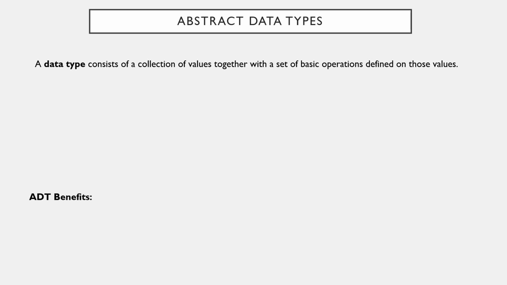All right, an abstract data type. So this is what I was saying. An abstract data type is what you want to use C++ to create your classes as. It's a collection of values. So you have all your member variables and you have a bunch of basic operations that you can define on those values.